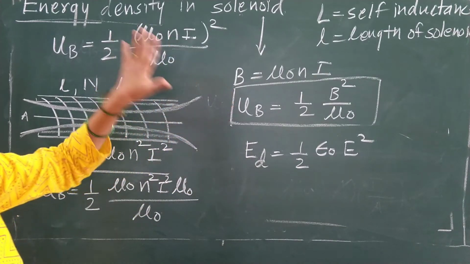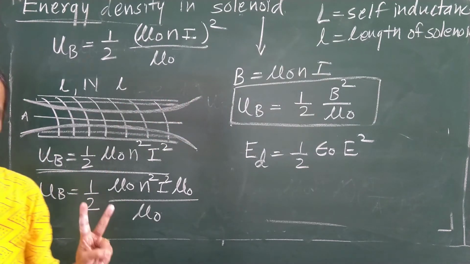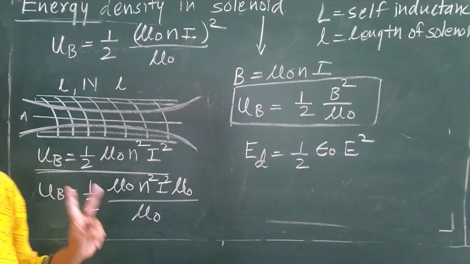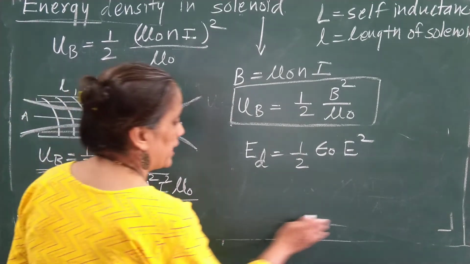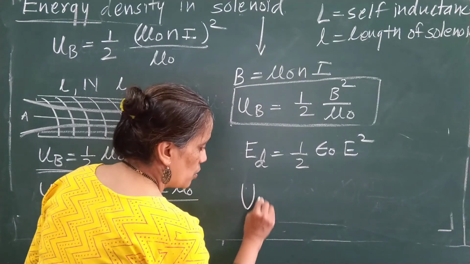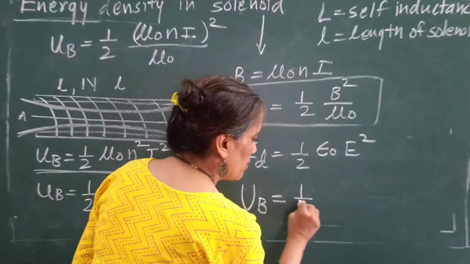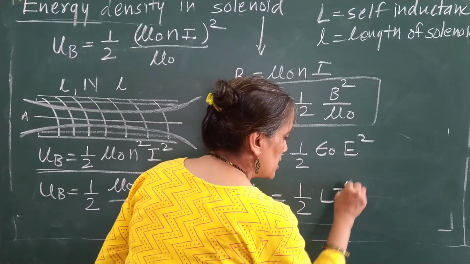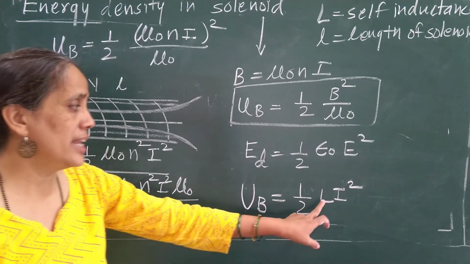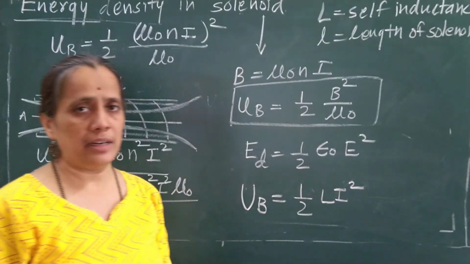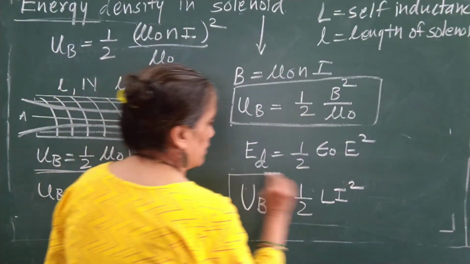Fine. So in today's lecture we have seen two concepts. One is energy stored in a magnetic field. The energy stored in the magnetic field is denoted by capital U_B, equal to half L I square, where L is the self-inductance and I is the current. This is the first thing.